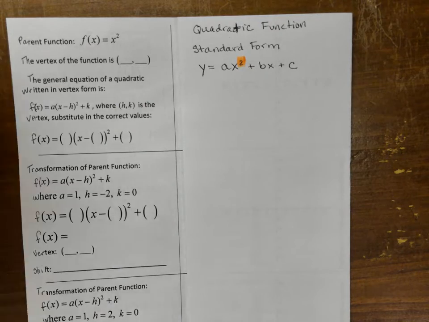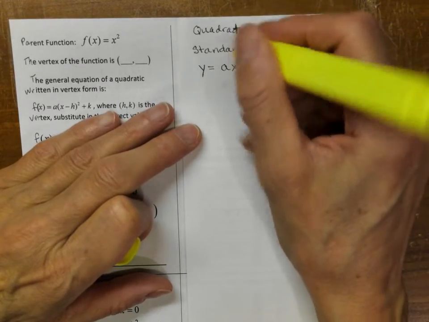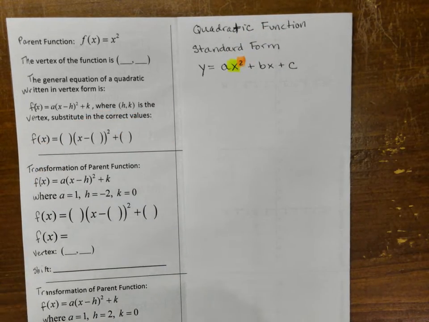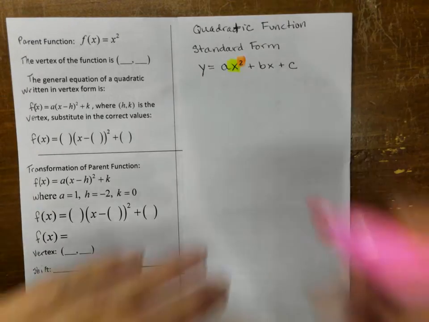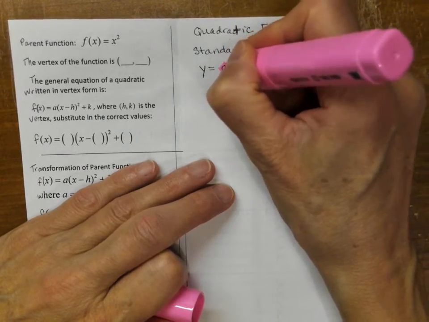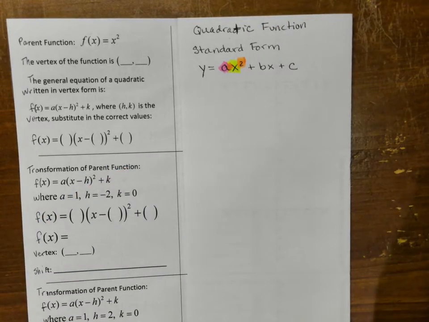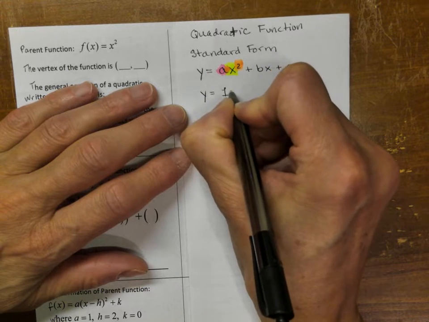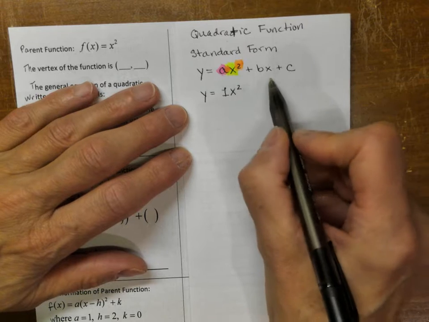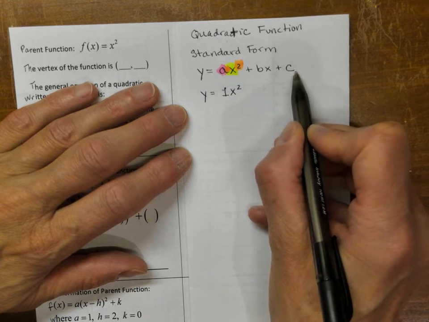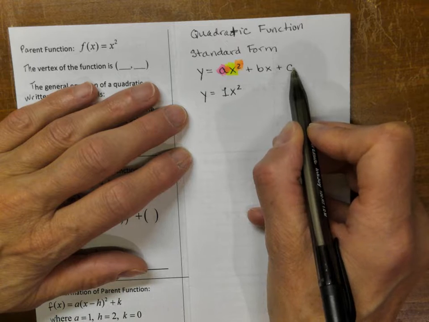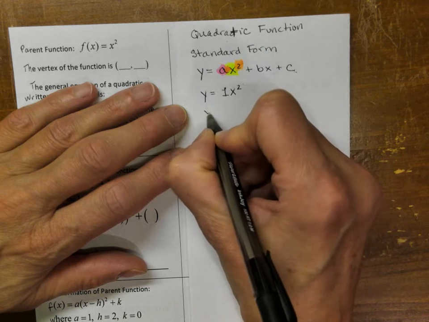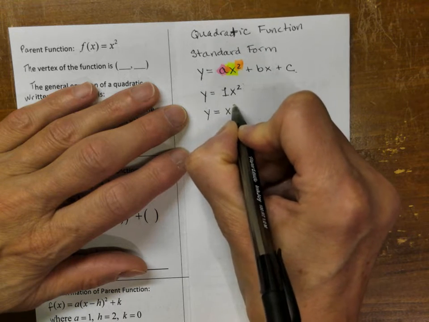Then the base that goes with that, which is x. And the last thing is that this value of a is going to be 1. So that would give me my parent, y is equal to 1x squared. All of the extra isn't in the parent function. We can simplify 1x squared as y is equal to x squared.